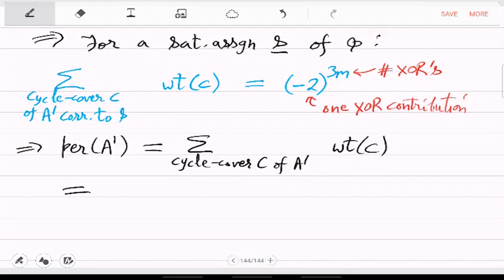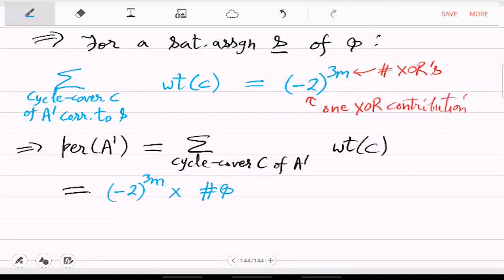So it's -2 to the 3m times the number of satisfying assignments, because each satisfying assignment gives you the same contribution. So we have just multiplied.